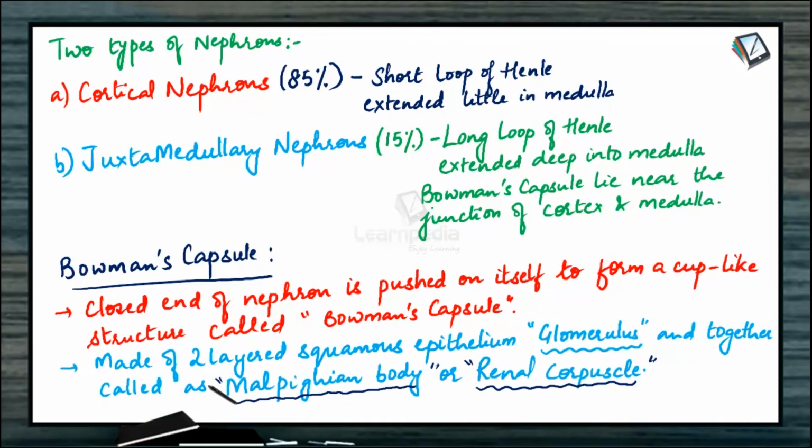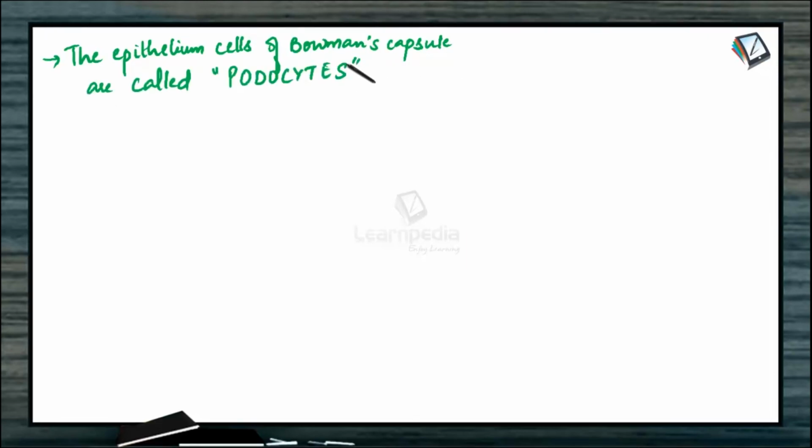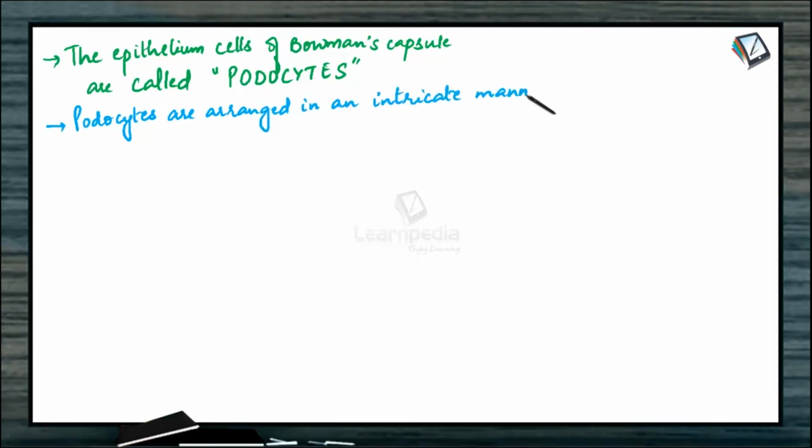The epithelium cells of the Bowman's capsule are called podocytes. These podocytes are arranged in an intricate manner so as to leave some minute spaces called filtration slits or slit pores.